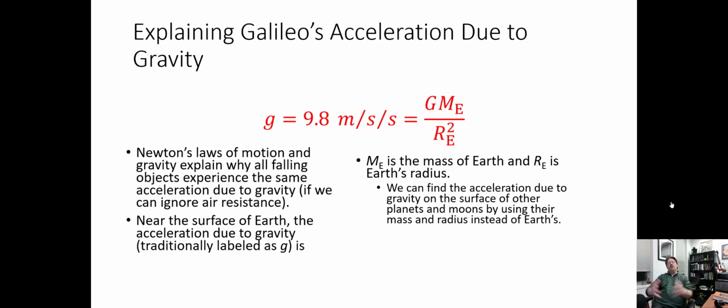And lo and behold, what he found was that the masses of the falling objects disappeared. You can cancel them out numerically. And what you're left with is A, or what we commonly now refer to as g, the acceleration due to gravity, is equal to the gravitational constant times the mass of the Earth, if you're dropping something on the Earth, divided by the radius of the Earth squared. And that gives you approximately 9.8 meters per second squared. Now, you can experimentally do this if you like flying in an aircraft. I've actually seen this done.